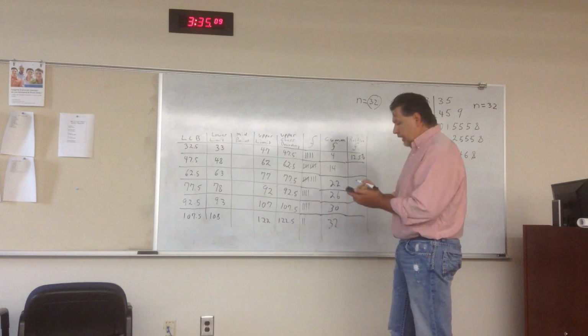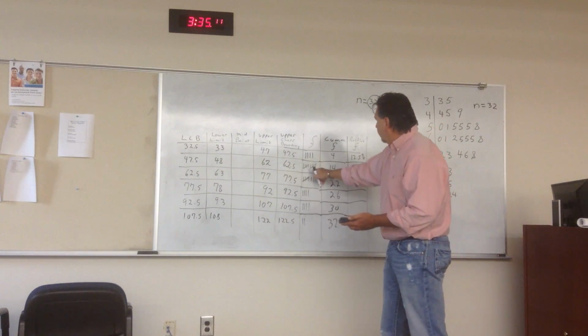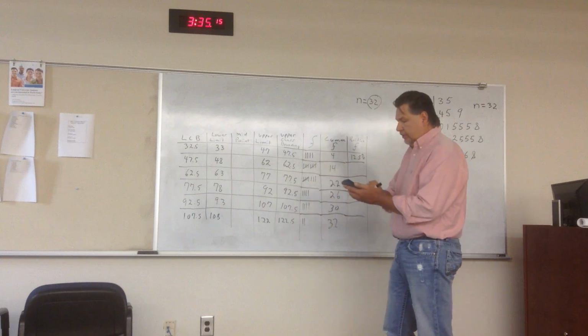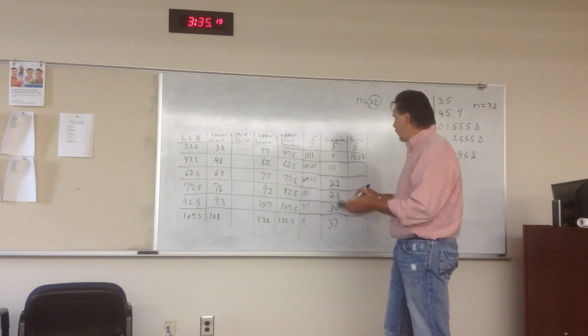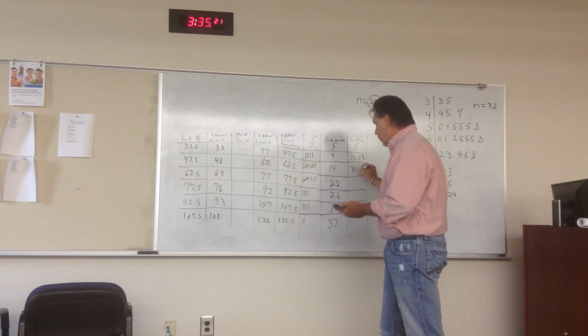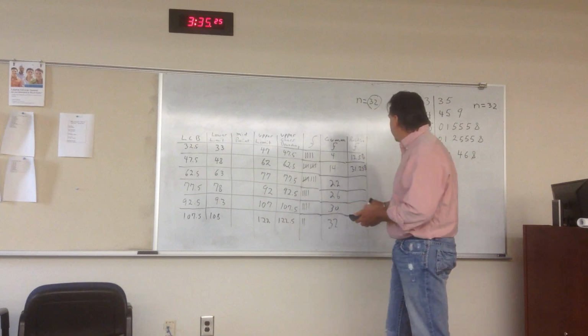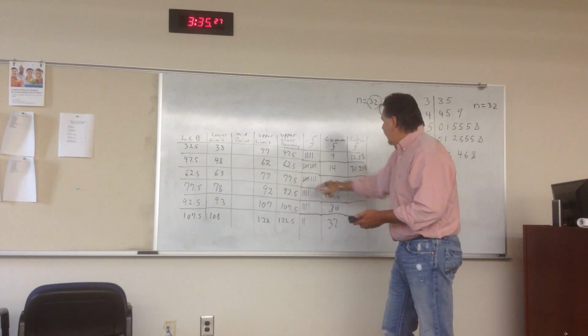Now I'll come down to the next class, and I'm going to be looking at the frequency, not the cumulative frequency, and I've got 10. So I'm going to put 10 divided by 32, and that'll give me a value of 31.25%. Now I'm going to come down, and I've got 8.